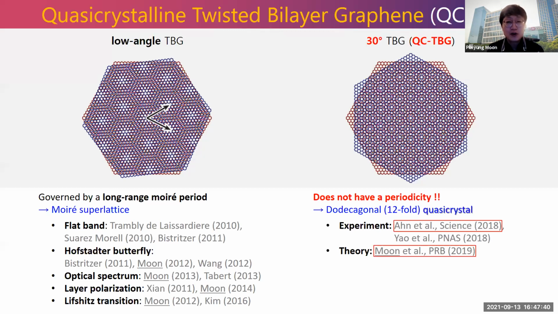So far, most of the research has been focused on low-angle twisted bilayer graphene, which clearly shows long-range Moiré period. However, we show that twisted bilayer graphene at 30 degrees shows dodecagonal 12-fold quasi-crystalline symmetry.